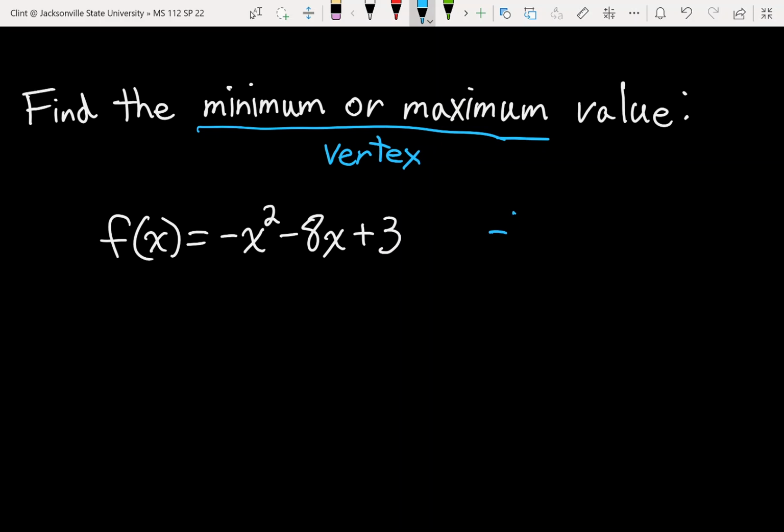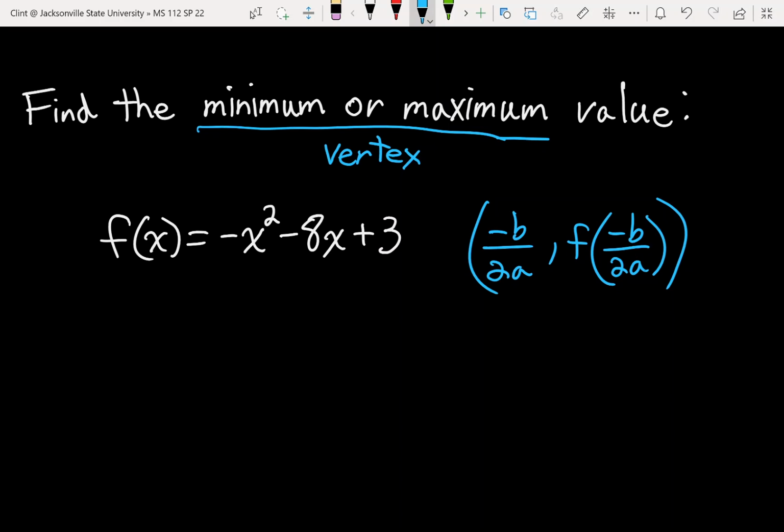So I'm going to use this. Here, what's my a on this one? Negative 1, and then b is negative 8.